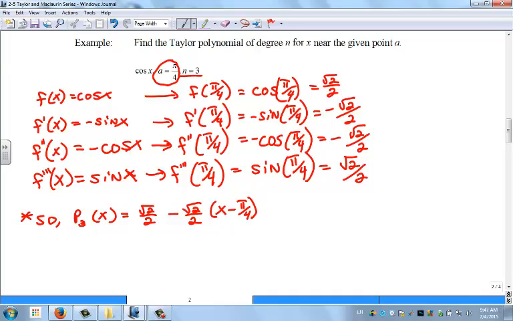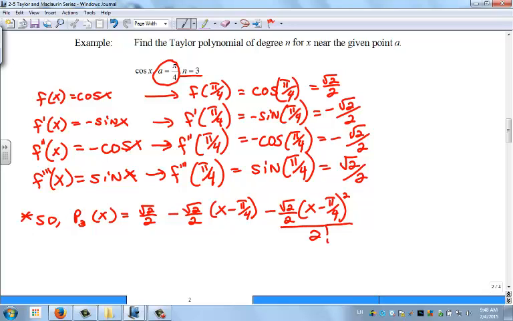And then the next one, we need f double prime of x, which is negative radical 2 over 2, times x minus pi over 4 to the second power, all over 2 factorial.